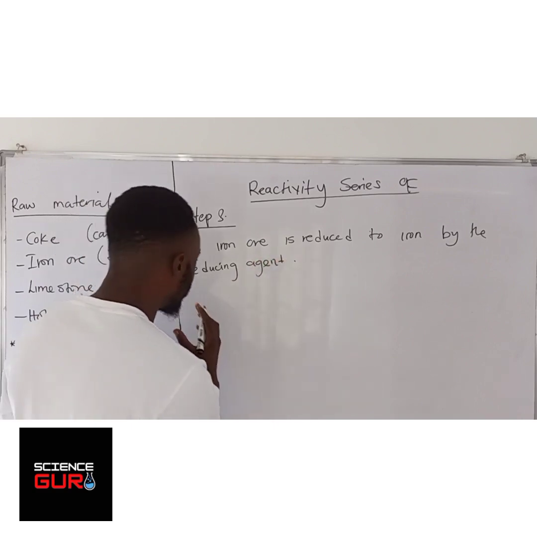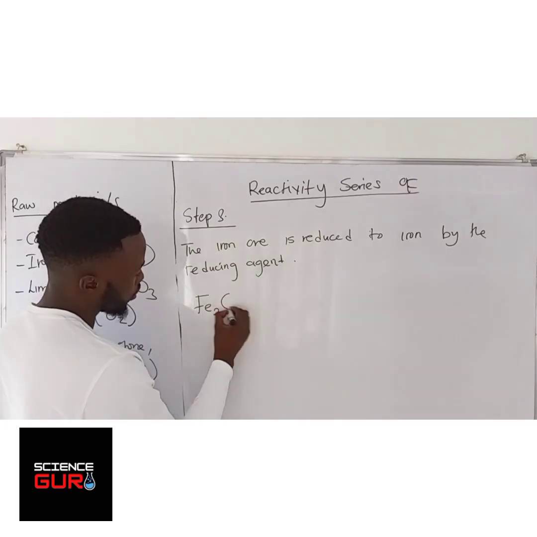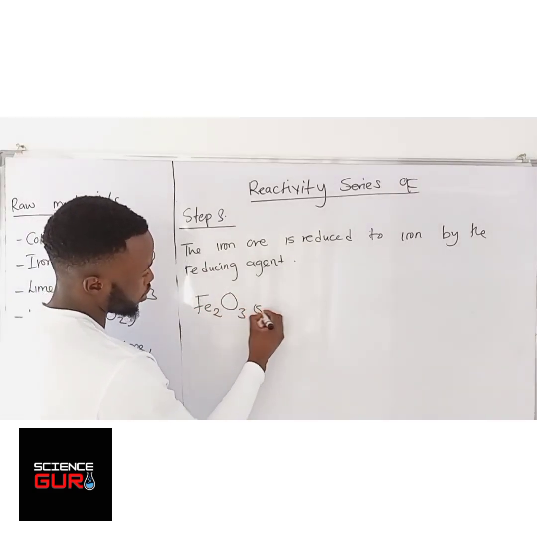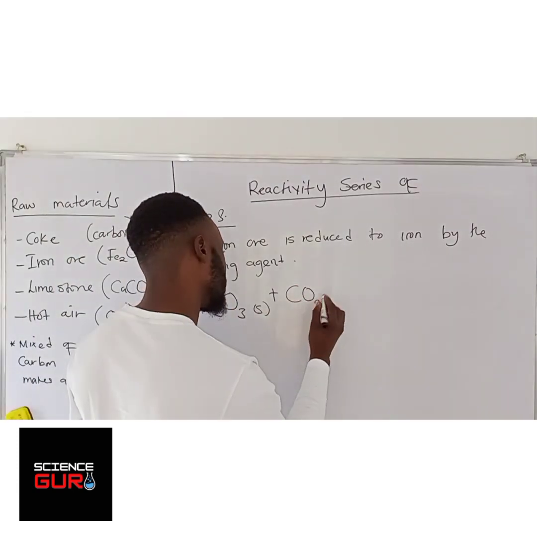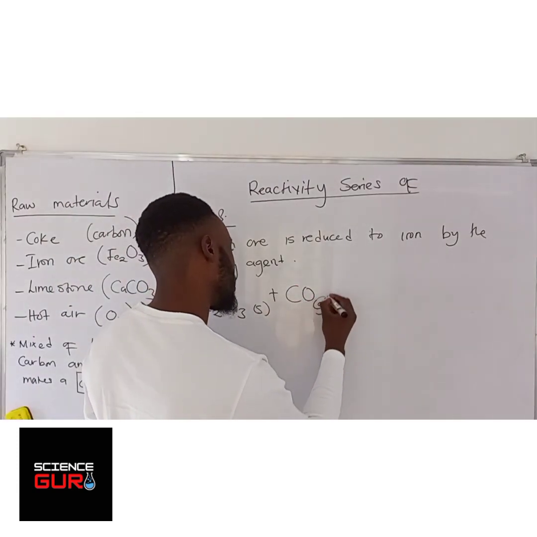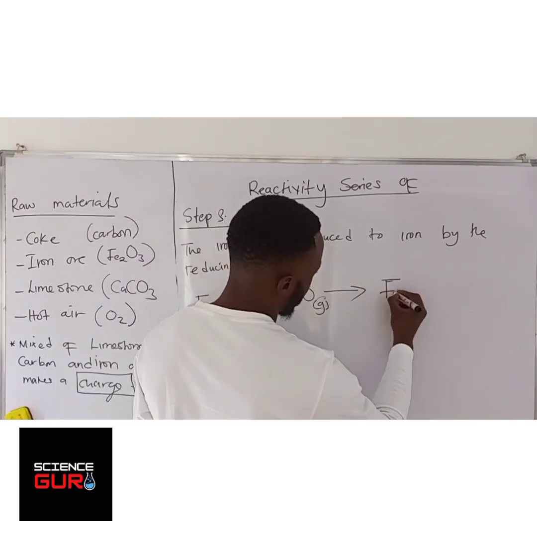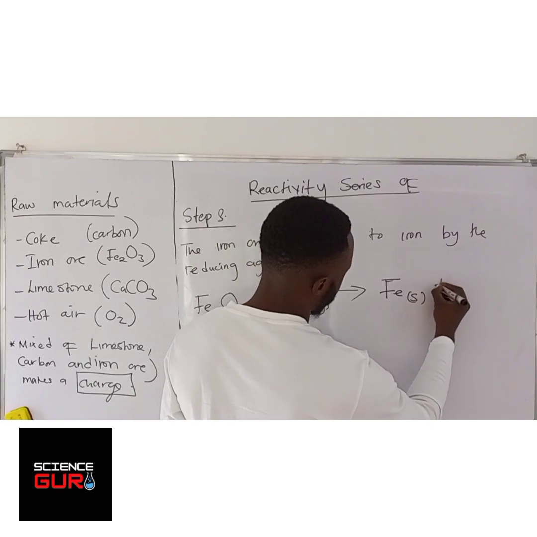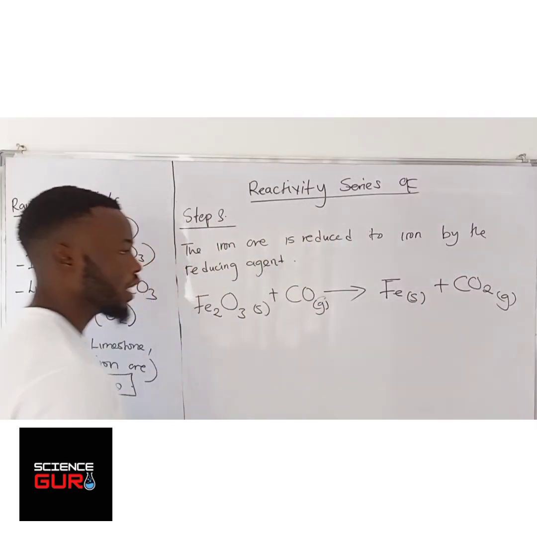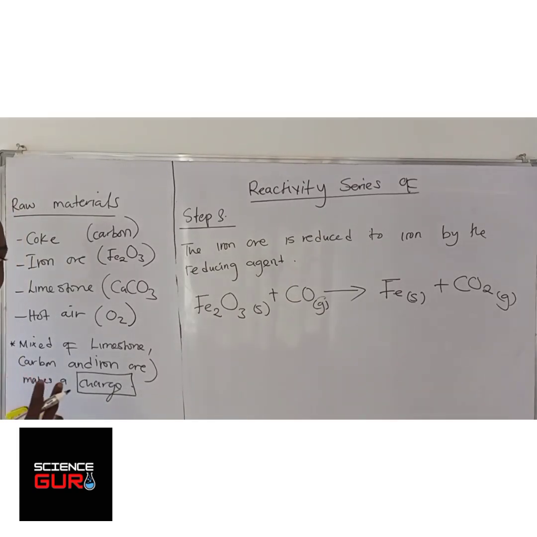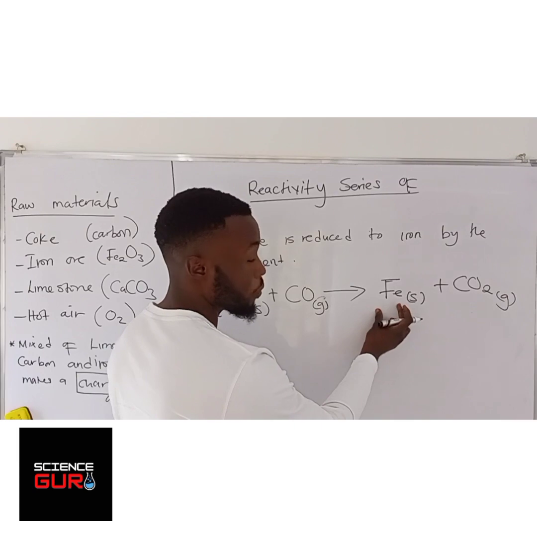So this is step 3, guys, very important. Iron oxide to iron, solid. What is the reducing agent? Carbon monoxide gas. You are forming iron, solid, plus carbon dioxide gas. You get it? You have reduced this iron. You have separated it from its ore.